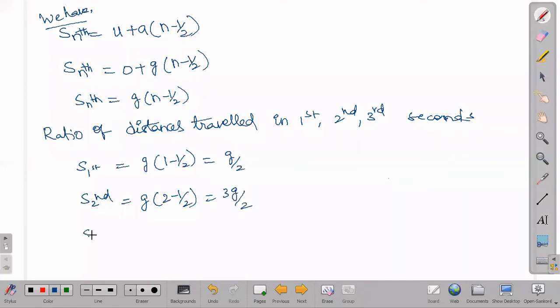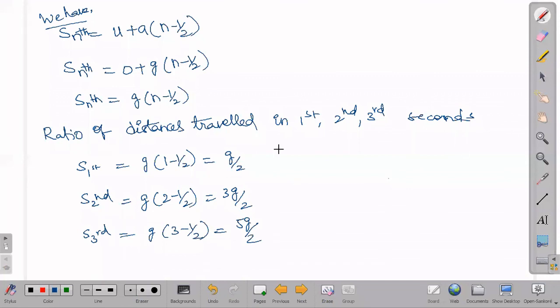Next, distance traveled in the third second, only in the third second. So what do we get? g into 3 minus 1 by 2. Here if we take LCM, 2 will be the denominator, and in the numerator 3 times 2 minus 1, so 5g by 2, right? So these are the different fractions. We can continue the same.